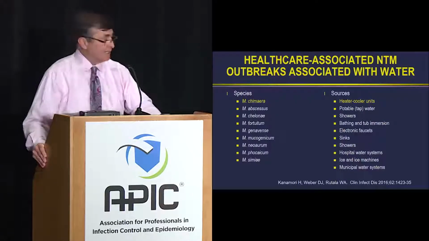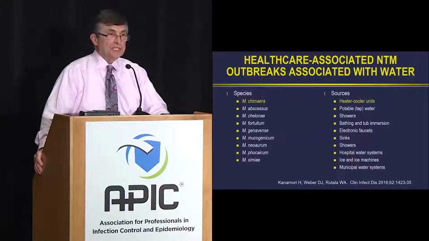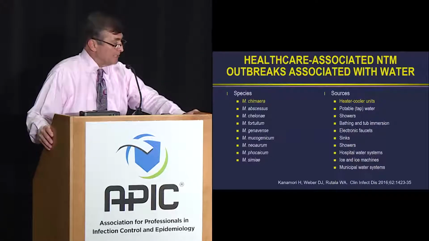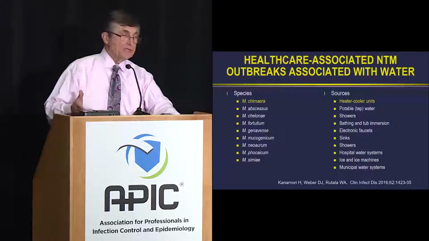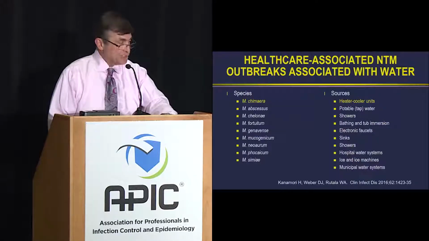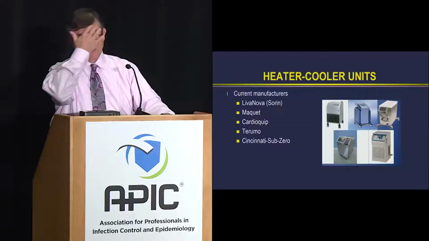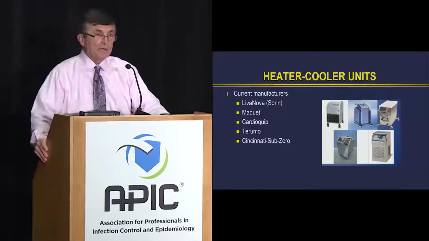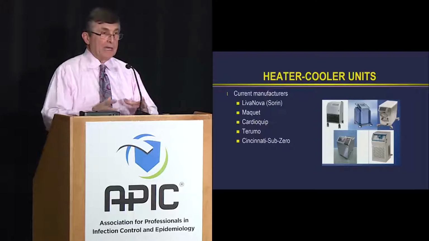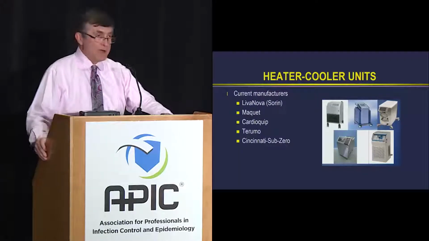As you might suspect, Mycobacteria was a very common genus associated with water outbreaks. A number of Mycobacteria were involved and a number of sources were involved. The one source that we're quickly going to mention is the heater-cooler units. We know that there's been a global outbreak of heater-cooler units affected with Mycobacterium chimera.